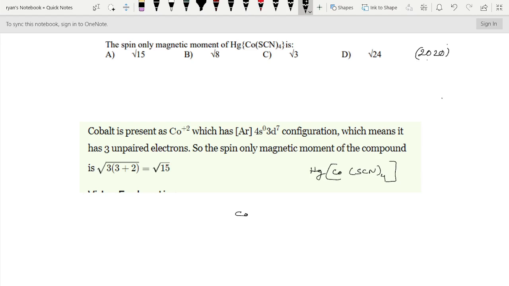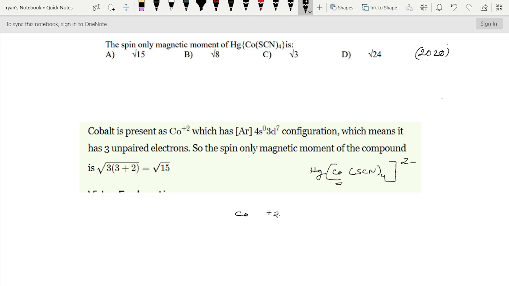After that we can consider the electronic configuration, and then the unpaired electrons. Here Hg is in +2 oxidation state.